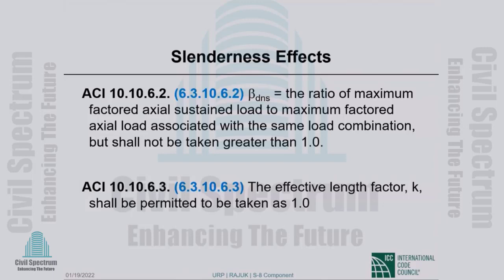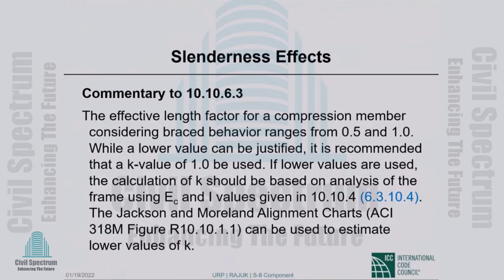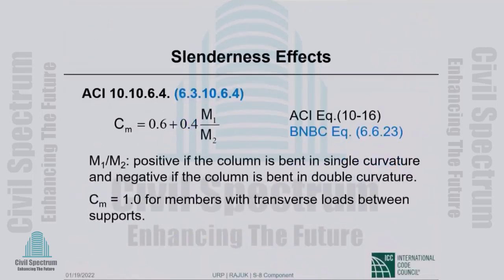If you go back to the basic picture that I borrowed from Winter and Nelson, if it is a braced column, the K value cannot be any worse than 1. It is between 0.5 and 1. So you can always take K equal to 1 and be conservative. So that's what 10.10.6.3 is saying. And this is the commentary to that, which I'm going to skip. It says what I just said, that since it is a braced column, the worst you can do is a K of 1.